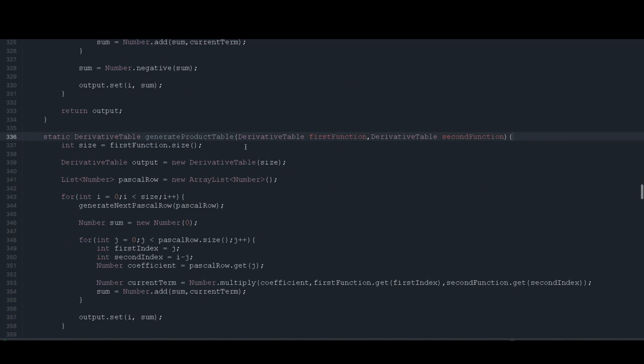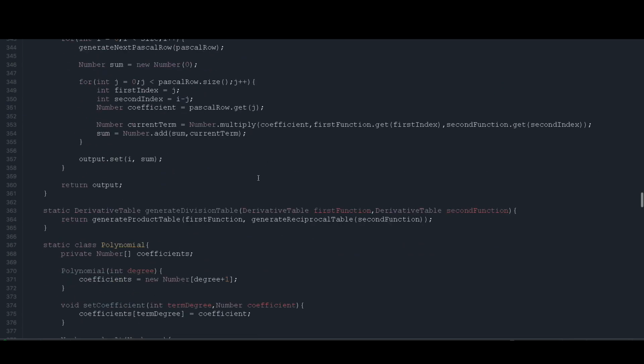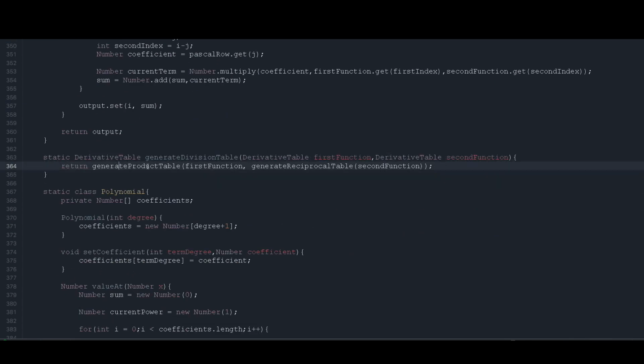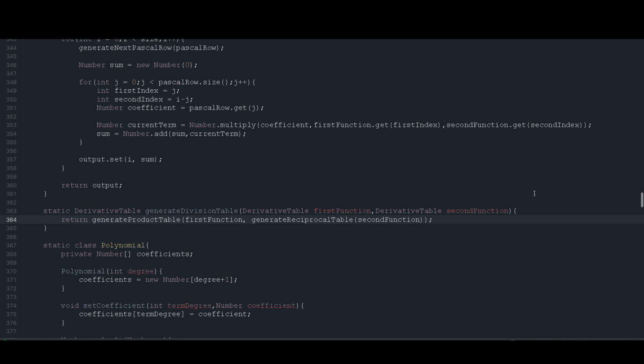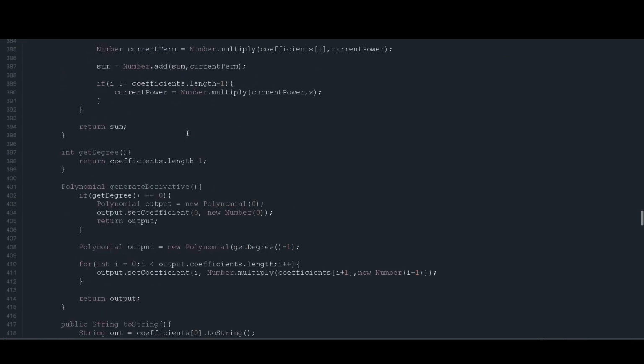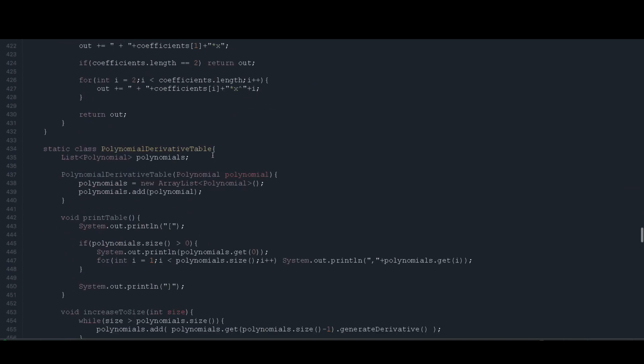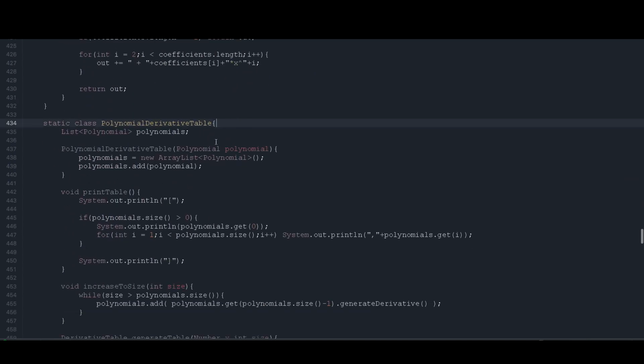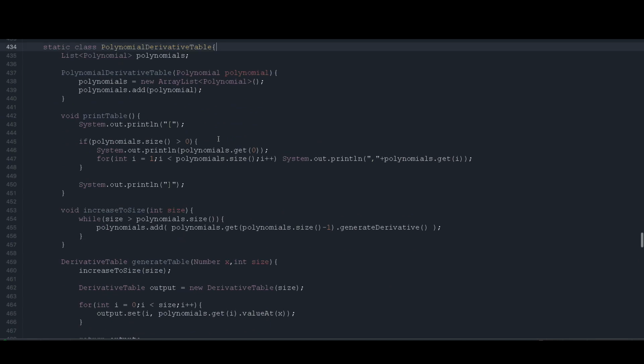This is the Leibniz product rule. So you get the first table for the first function, and the second table for the second function. And then this just uses a combination of those two functions to do f over g. Then I define polynomial. Polynomial derivative table. So this doesn't store the numbers, it actually stores a list of the polynomials as a derivative, because they can be recycled over and over again.